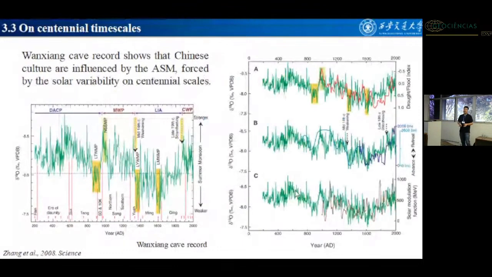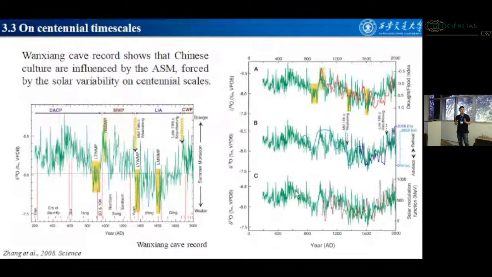For the centennial time scale, the Wanxiang Cave record shows the Chinese cultural dynamics evolution was influenced by the Asian summer monsoon. It was forced by the solar variability on centennial time scale. And also on centennial time scale, the speleothem delta 18O can reflect dry and wet, not like the orbital and millennial time scale.